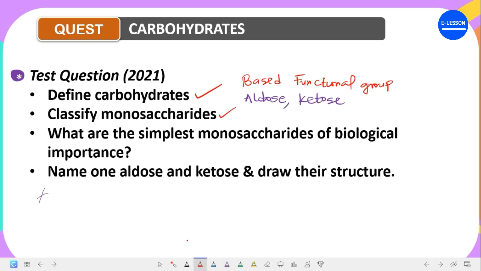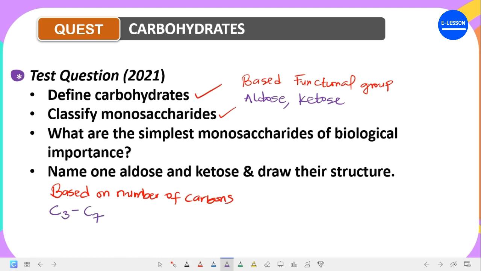The next one we had was based on the number of carbons. We said based on the number of carbons, we have different types. I gave you something like carbon 3 to carbon 7.